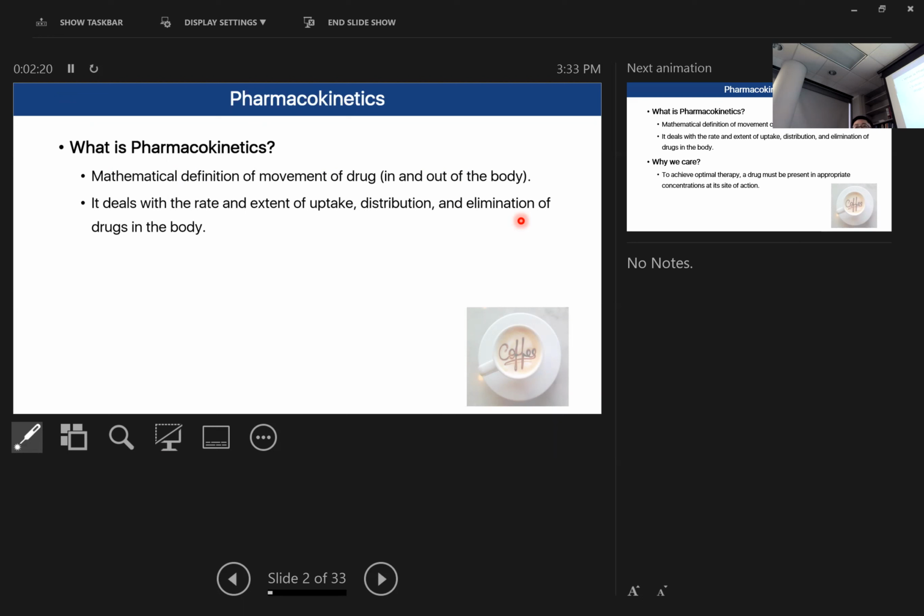Do you know the half-life of caffeine? 4 hours. Yes, you remember. Generally people say 3 to 4 hours, for normal people. So what does it mean?